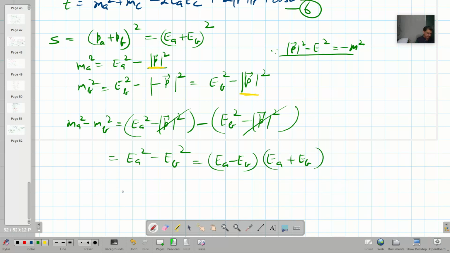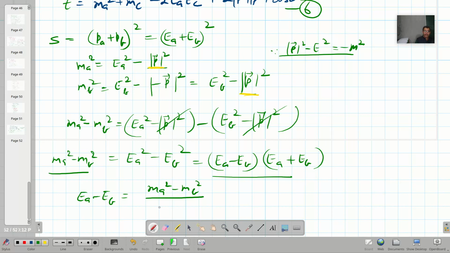right? So therefore from here, MA square minus MB square will be here. If I consider this, then from here I can write down EA minus EB. EA minus EB is equal to MA square minus MB square divided by EA plus EB.